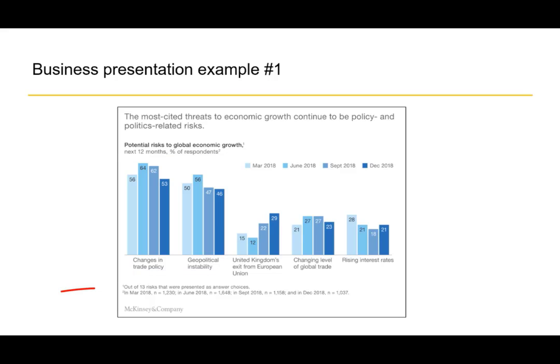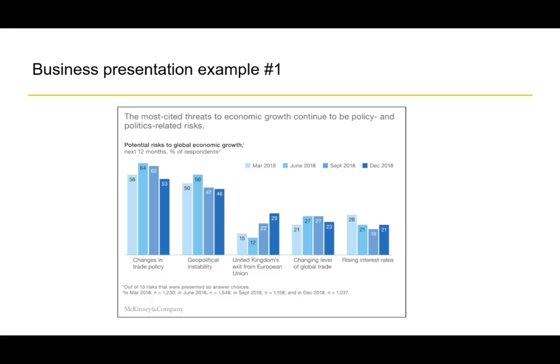And then at the bottom, they provide a little bit more detail about the survey, how many people they surveyed, in which time frame. And they also tell us that there were actually more categories, but they only showed us the top 5, which is another useful tool. You always want to show the key supporting evidence that supports your message. You don't have to show the whole data.